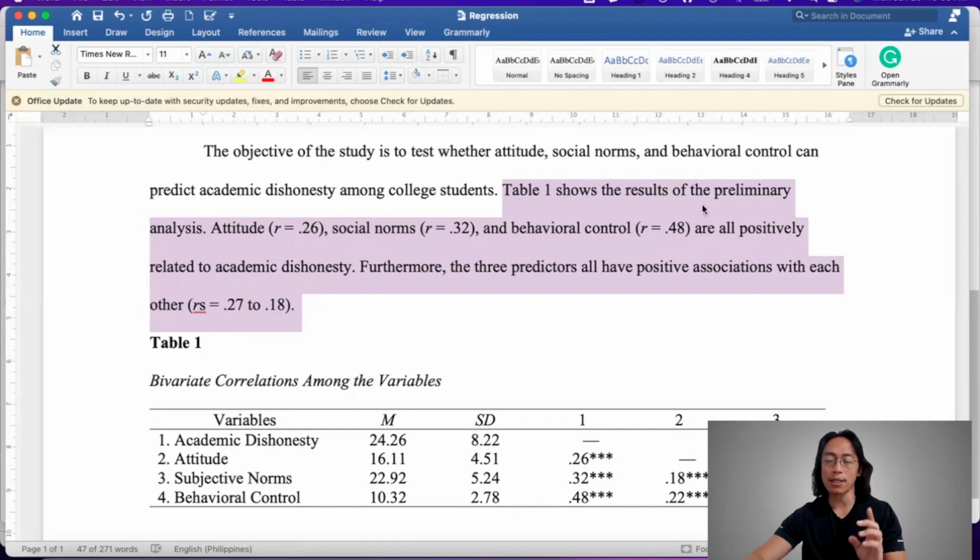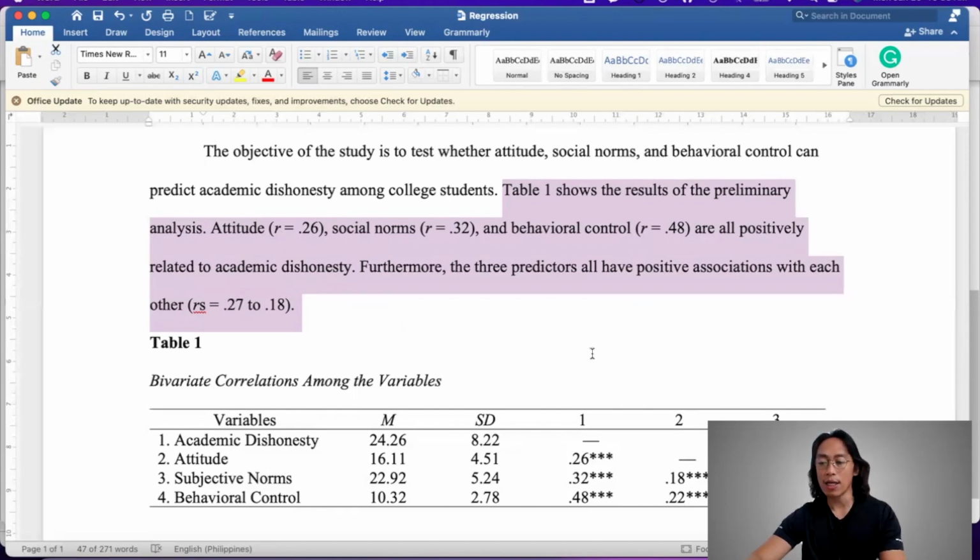In reporting these values, it's important to indicate the direction of the relationship, and that's why I said positively related. If possible, you can also describe the magnitude, such as weak, moderate, or strong. Also notice that in reporting, I still maintain the guideline wherein the non-Greek statistical notations are in italics.